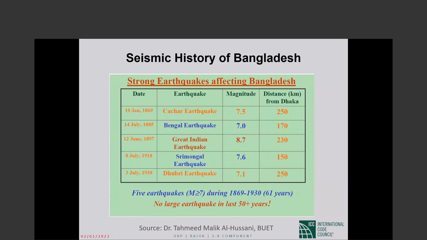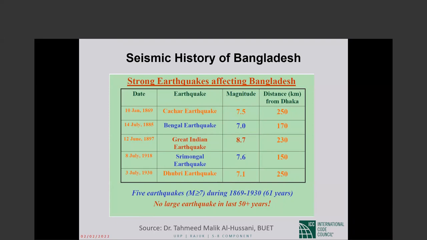strong earthquakes affecting Bangladesh. So 1869 Kachar earthquake, you see magnitude 7.5, which is huge. 1885 Bengal earthquake, magnitude 7. The distances of the epicenter from Dhaka are given.